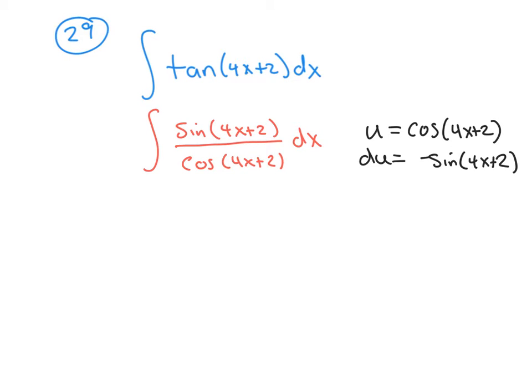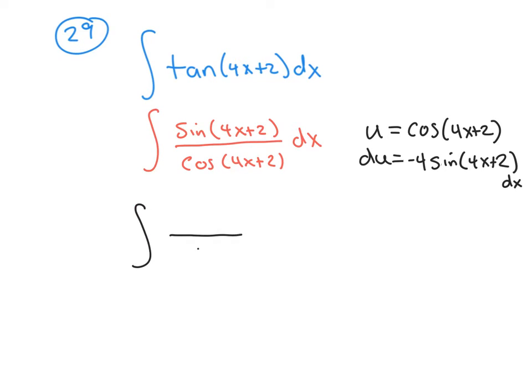and then applying the chain rule, we're going to multiply by a 4. I'm just going to put the 4 where that negative is, times dx. Squeeze it in there. Okay, so now my integral looks like this.